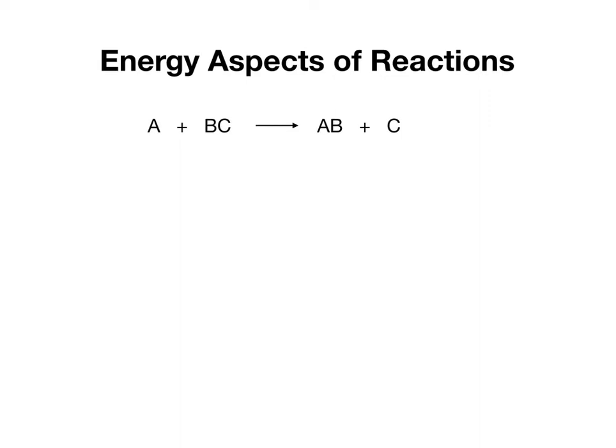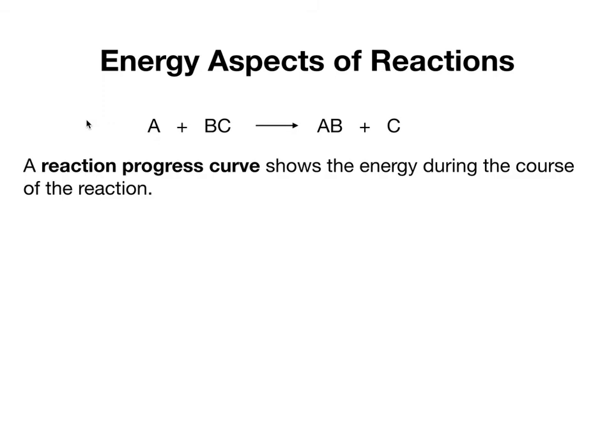Okay, so let's look at the energy aspects of reactions. And again, we'll just take this overall general reaction here. We can use what's called a reaction progress curve to show the energy during the course of the chemical reaction. In a reaction progress curve, we're showing energy versus the progress of the reaction.